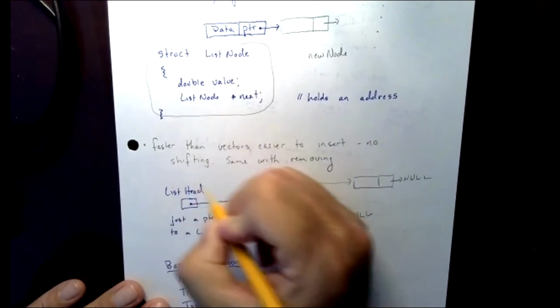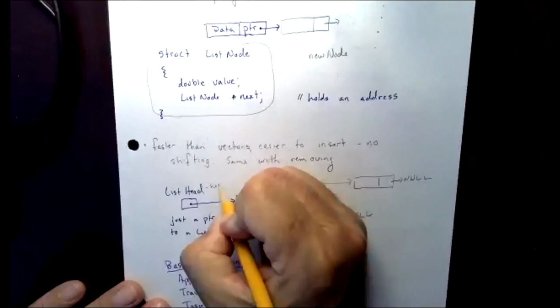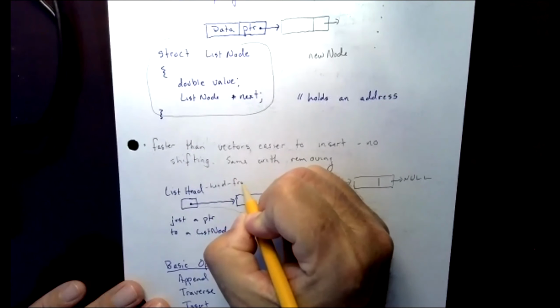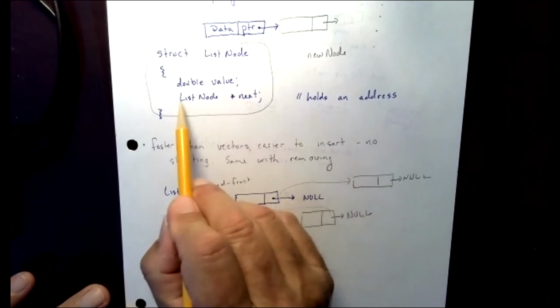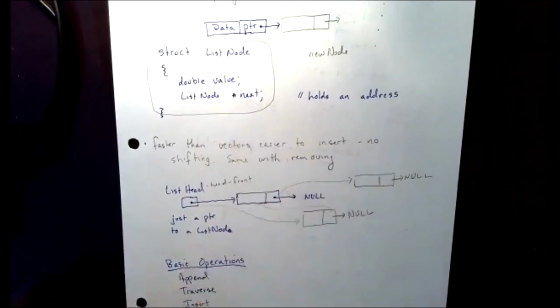You're going to see it called head. You're going to see it called front. There's a whole bunch of different names we'll use as we learn more and more data types. But all it is the initial pointer that points to a node. Okay, so this guy is going to be like this guy in here. When I declare it, I'm declaring it a pointer as it goes to a node.